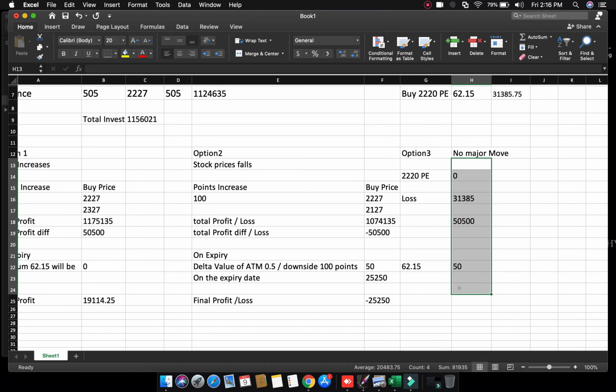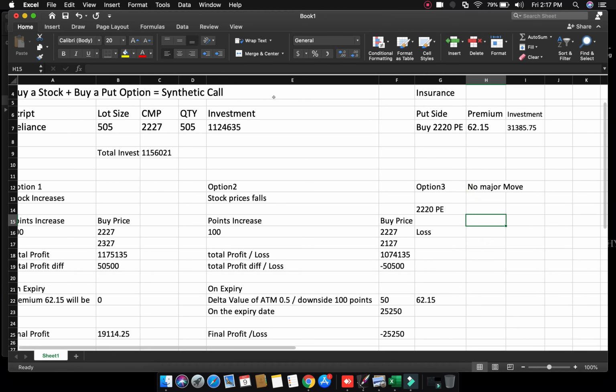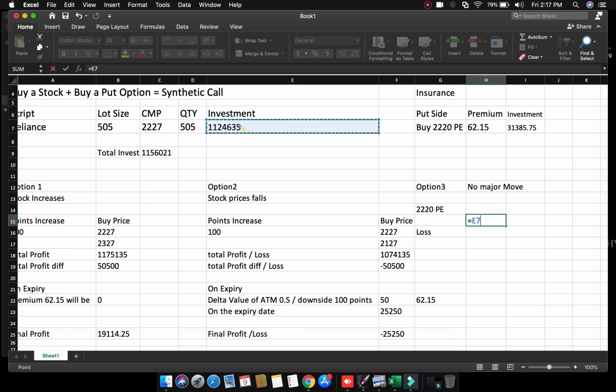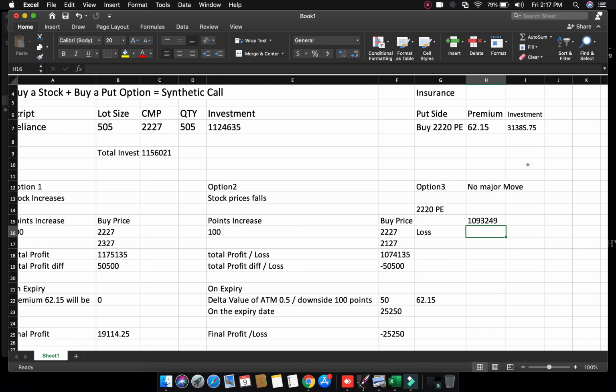Your total investment is 11 lakh 24,635 minus 31,385. So you will lose the minimum amount, that is 31,385. Your current available balance will be 10 lakh 93,249 only.